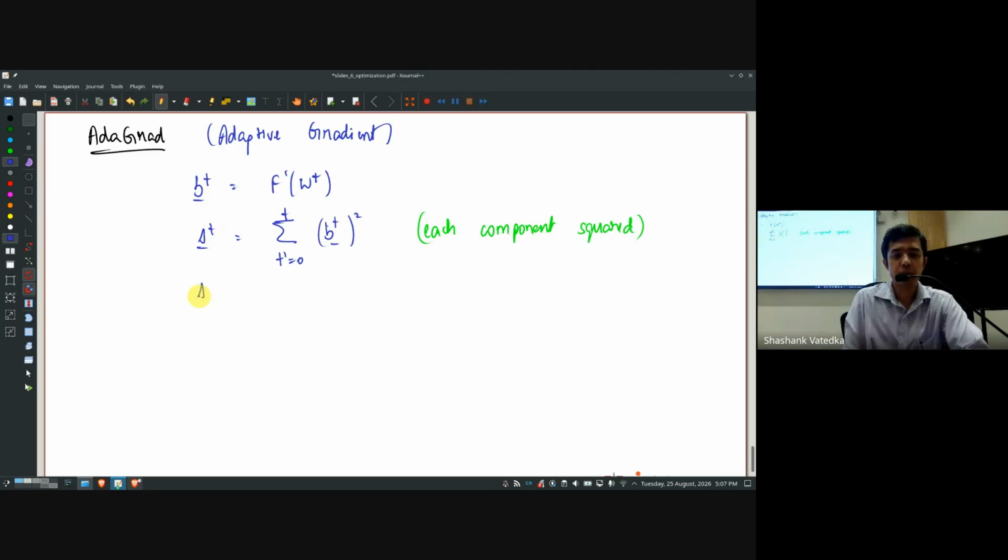So basically, the ith component of st is the summation over t prime equal to 0 up to t of b i t prime square.